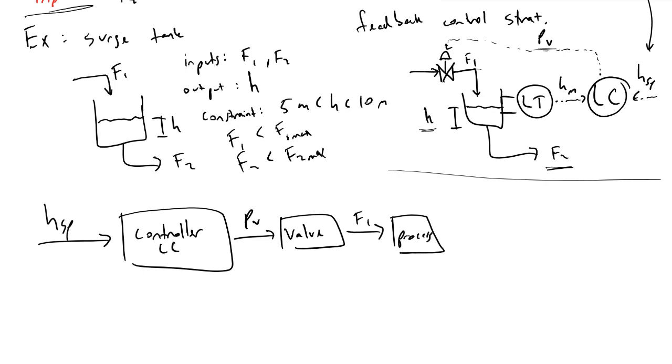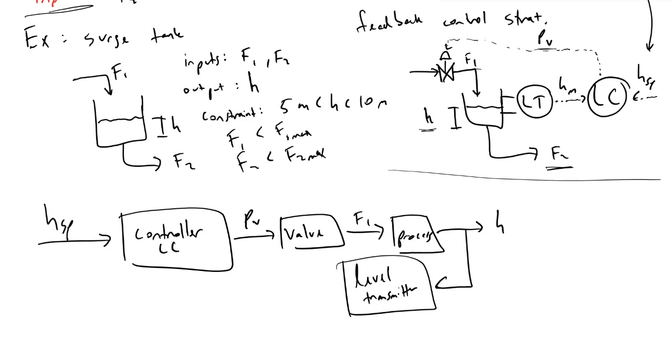And then finally, you'll have a height H inside of your system. And this height H will need to get passed through a level transmitter. And this level transmitter will be what your H sub m, your measured height, is.